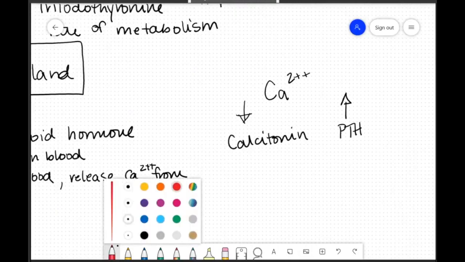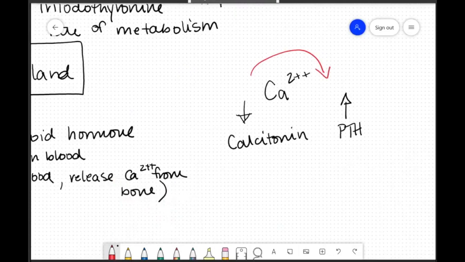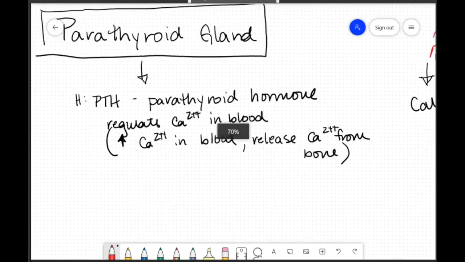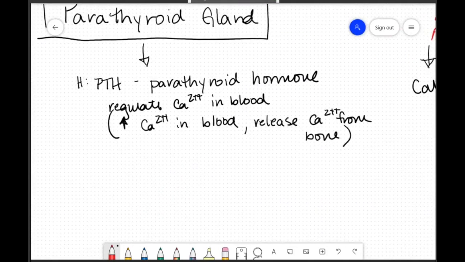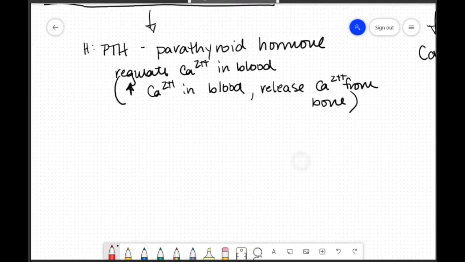So these two work in conjunction with each other to actually create that level of homeostasis with your calcium. So that's very interesting. But your thyroid is responsible for calcitonin, and your parathyroid releases the hormone parathyroid hormone.